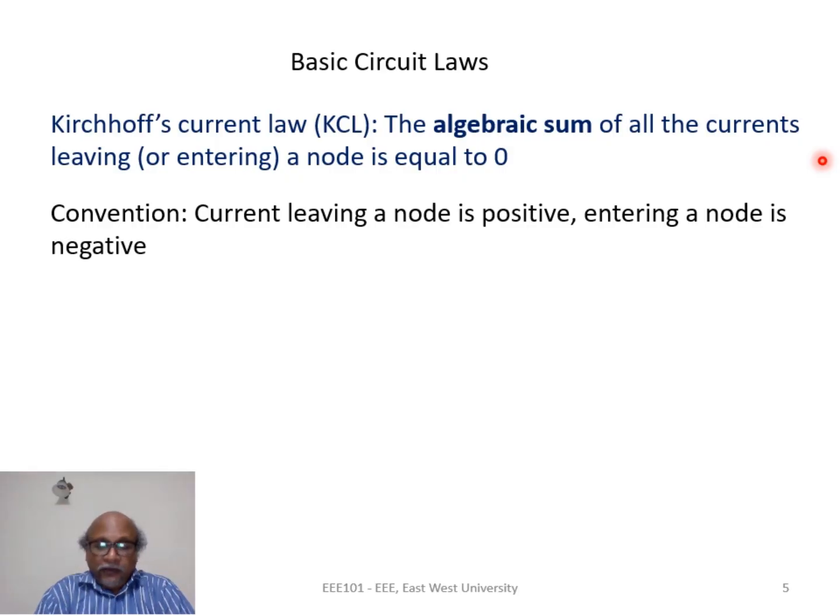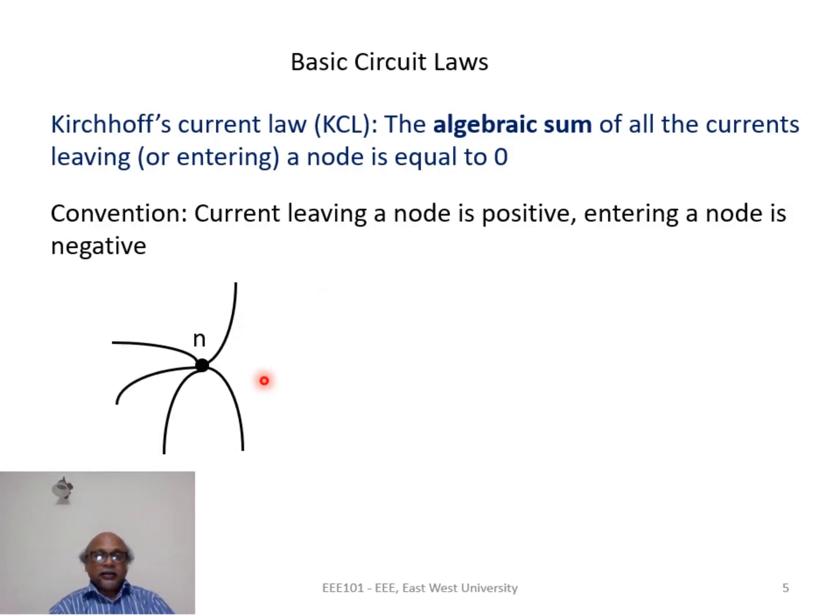To avoid confusion, we will stick to a single convention, which is we will treat current leaving a node as positive and current entering a node as negative. If you do the opposite, there is no harm, but you have to remain consistent.